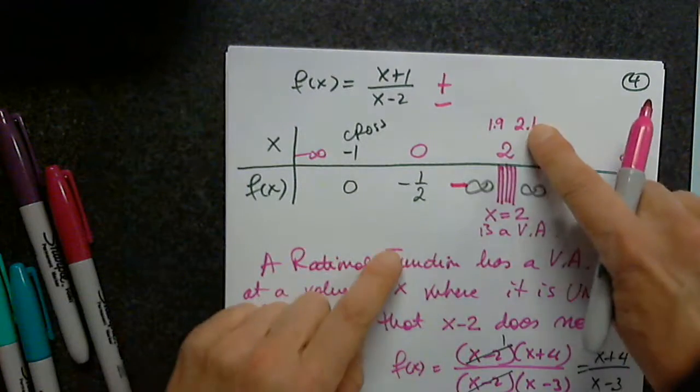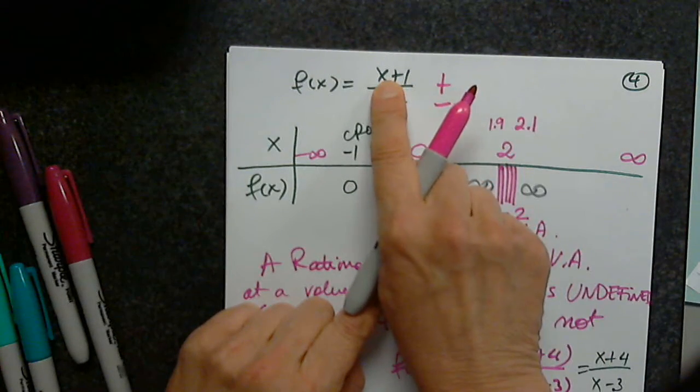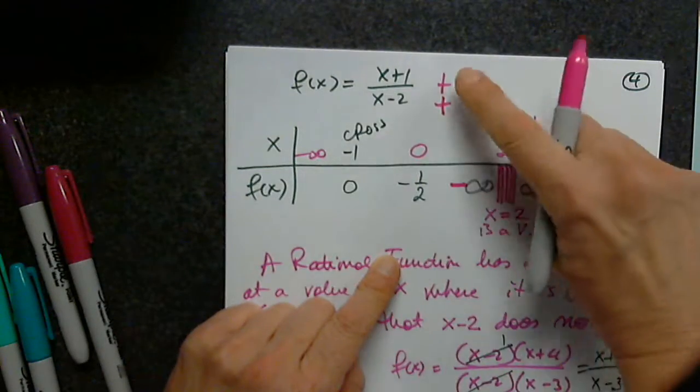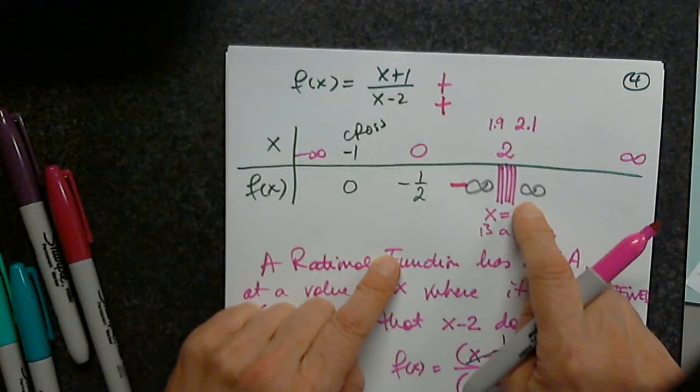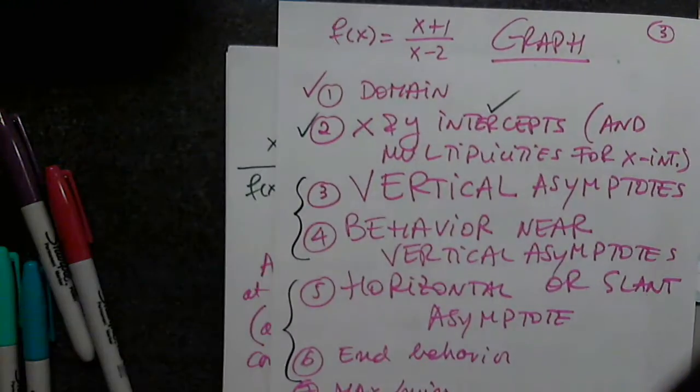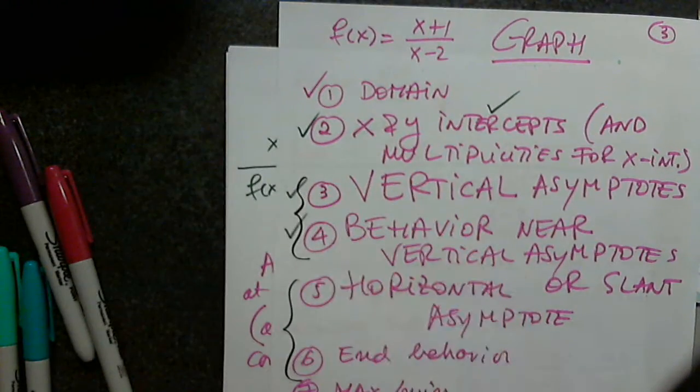I plug in 2.1, the top. So positive over a positive, what is the sign? 2.1 minus 2 is a positive number. So we are done in one step with these two.